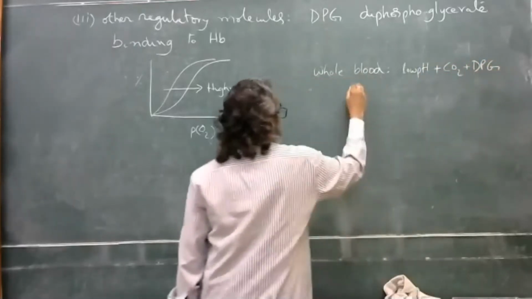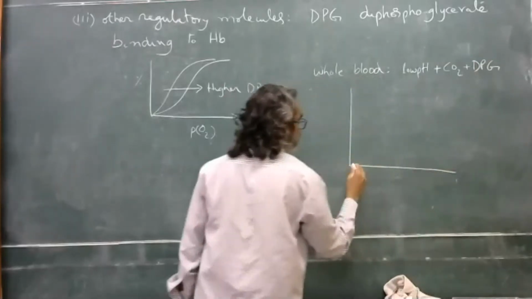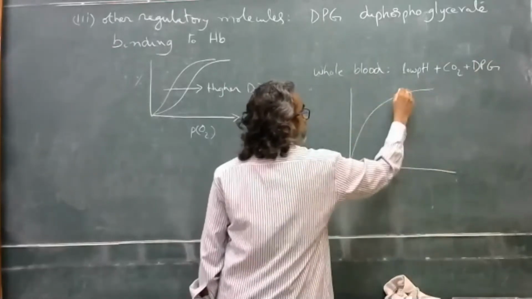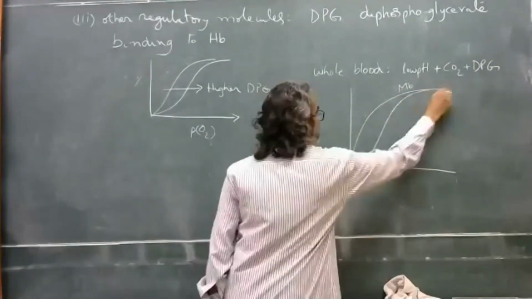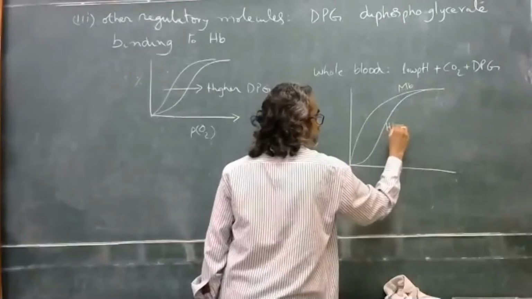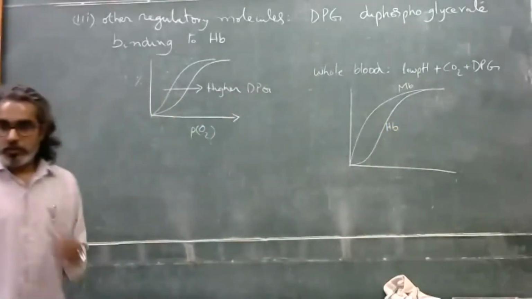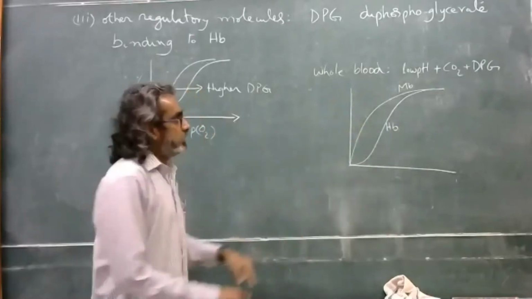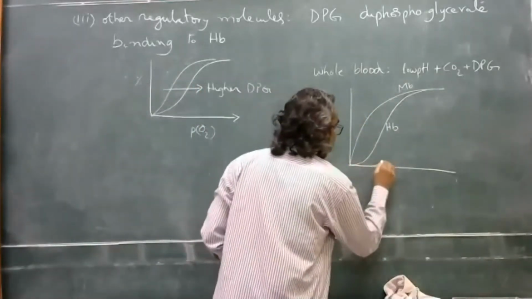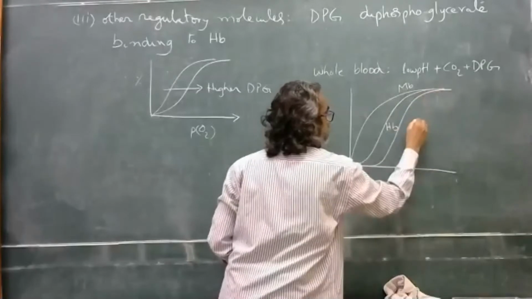So what we have seen is that that's for myoglobin and this for hemoglobin, right? So now if you have low pH, CO2 and DPG, this further shifts this, okay?